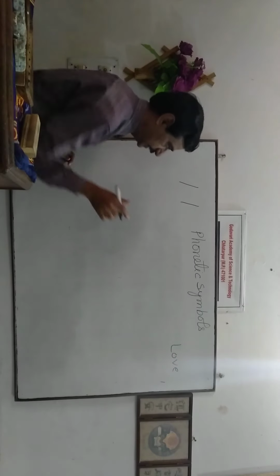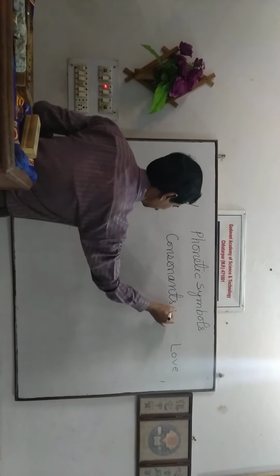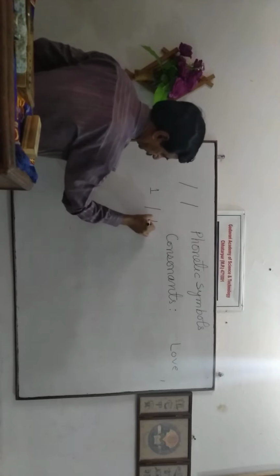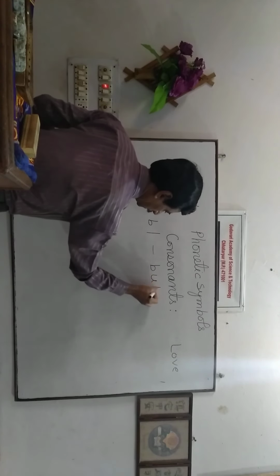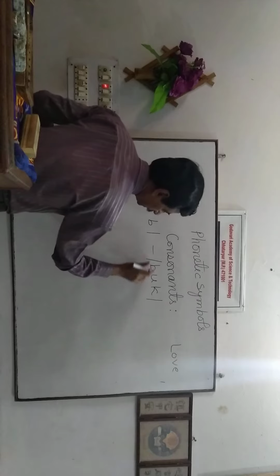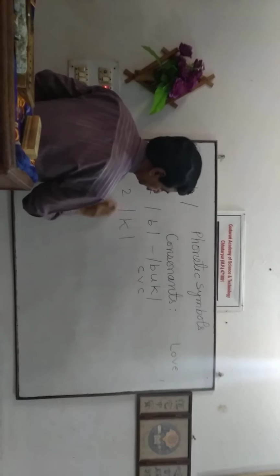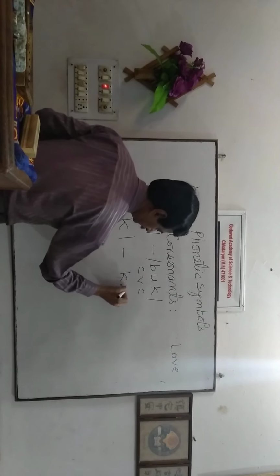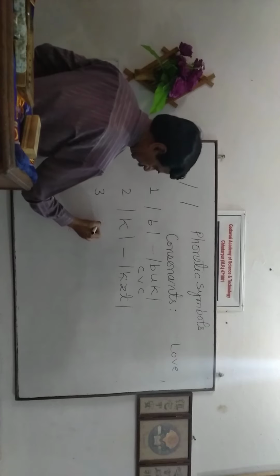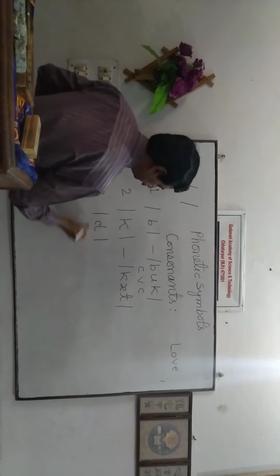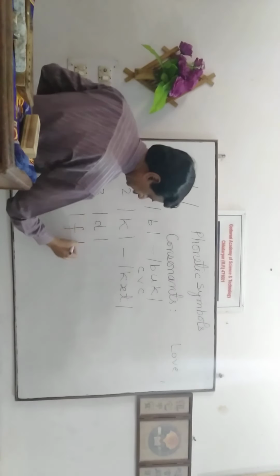Now consonants. B. The structure will be C, V, C. C for K. Third, D. Then F. Fish.